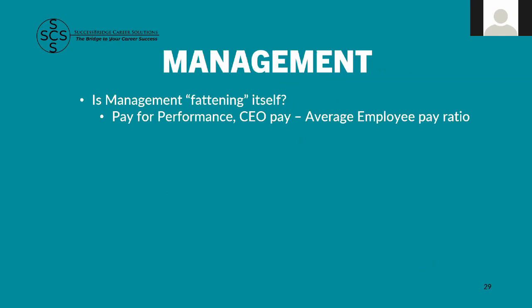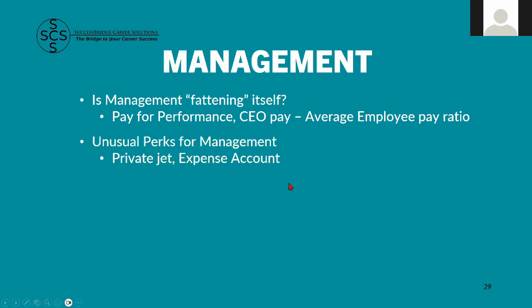Whether management is paying itself unreasonably more than the rest of the company. Do they have something like pay for performance, and how is the CEO pay relative to the average employee? What is that ratio? These are corporate governance issues that serious investors look at, and whether management is rewarding itself with unusual perks like a private jet, an unlimited expense account, etc.